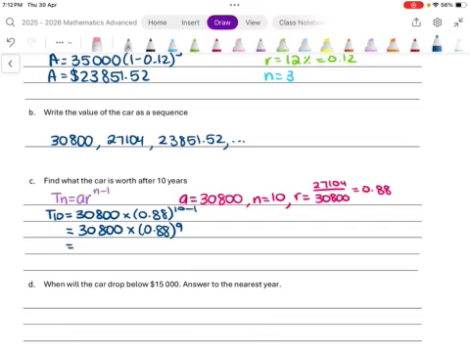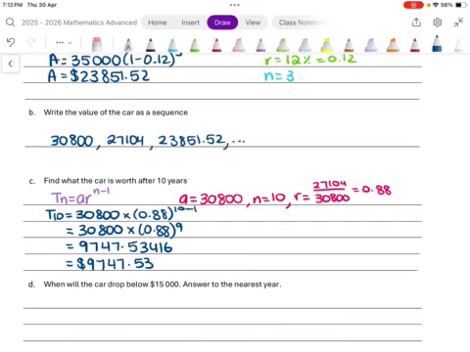We put this into our calculator and we get 9747.53416, which is equal to $9,747.53. That's what the value of the car is worth after 10 years.